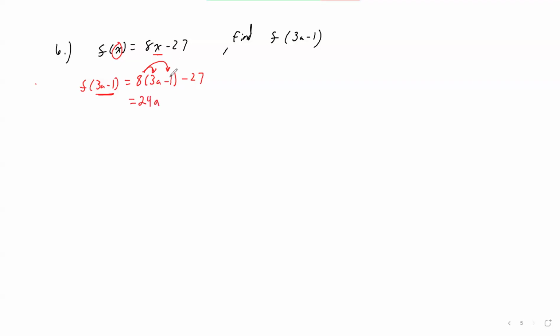And then a times negative 1 would be, no, you're good. Now I can combine like terms. What is negative 8 minus 27? There you go. And that would be the answer.